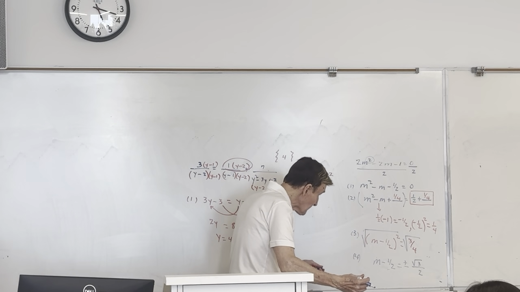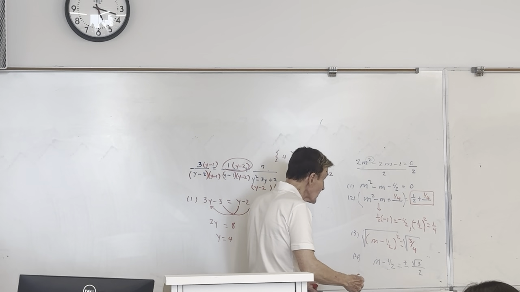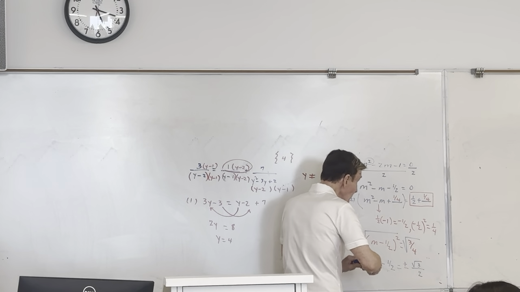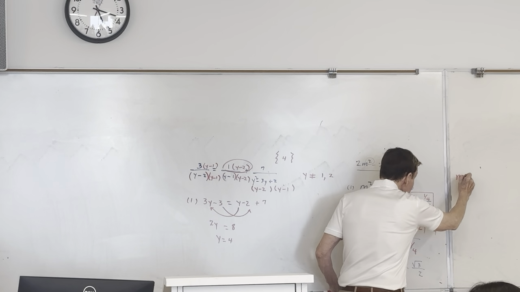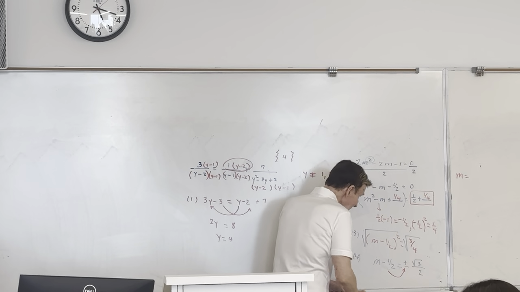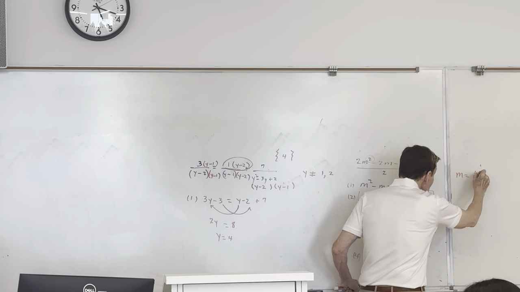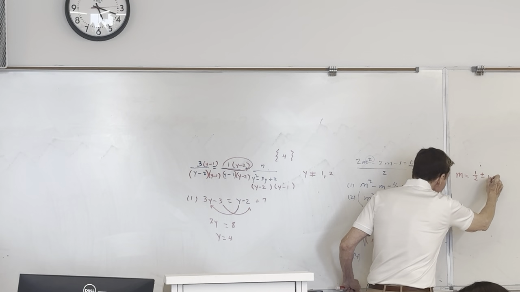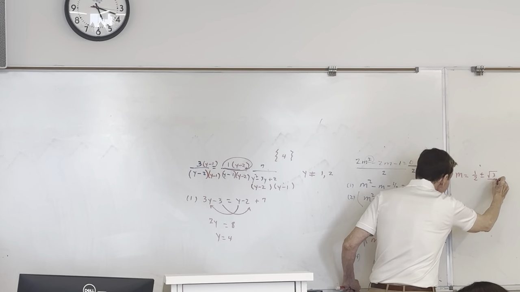Now, last step, you get the m by itself. They ask you to solve for m. Guys, on the side here, you put it so everyone can see it. Move that 1/2 over. You're going to end up with m is equal to, we show it like this, 1/2 moved over. Still got the plus minus, radical 3 over 2.